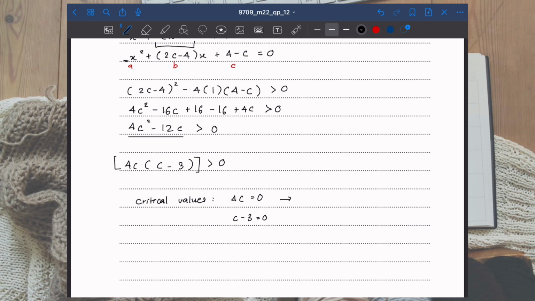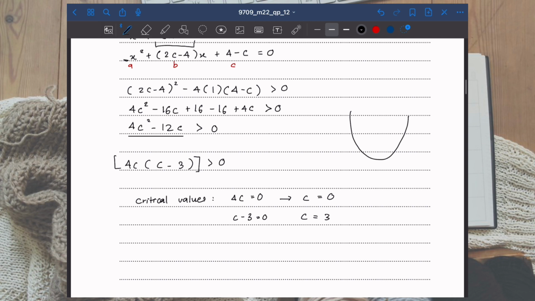So then you have c equals 0 and c equals 3. So when you have these critical values, you need to sketch them out on a reference graph, or what I call a reference graph. So your 0 and your 3.